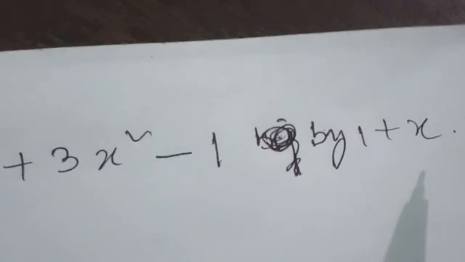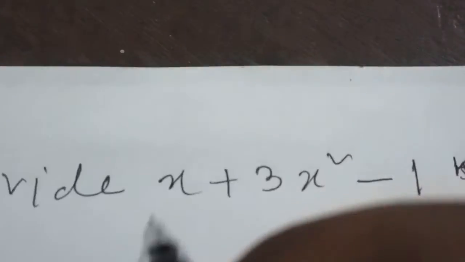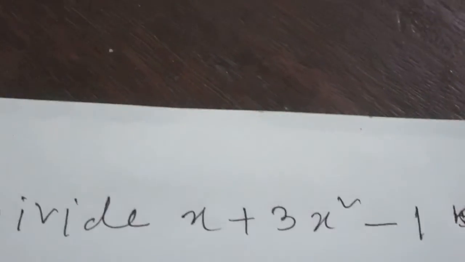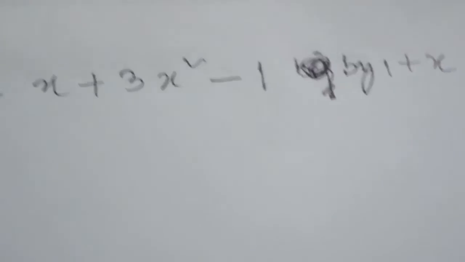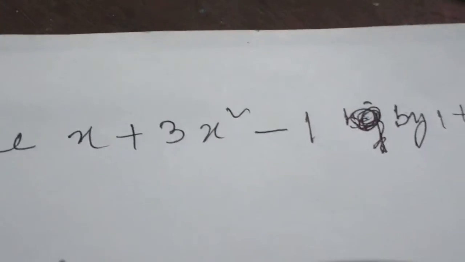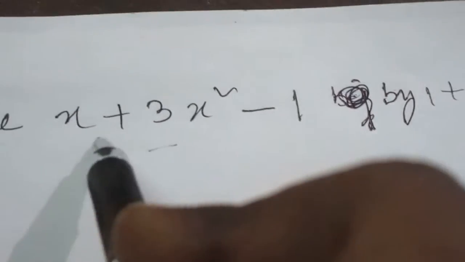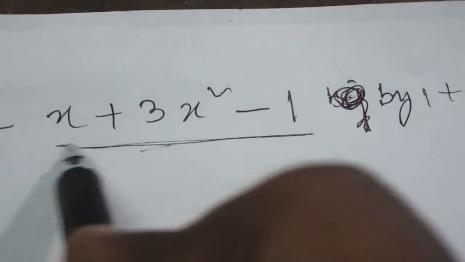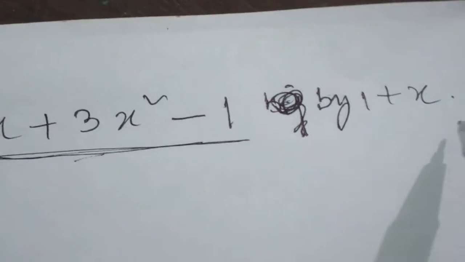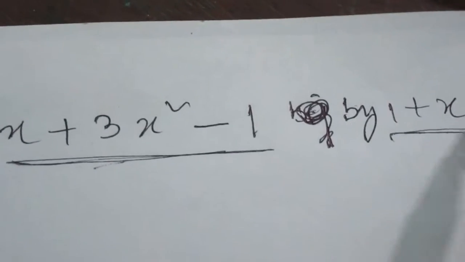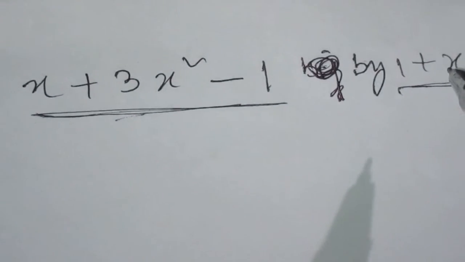So how can we do it? See, the first polynomial is x plus 3x square minus 1, and the second polynomial is 1 plus x. So how can you do this? How can you divide?